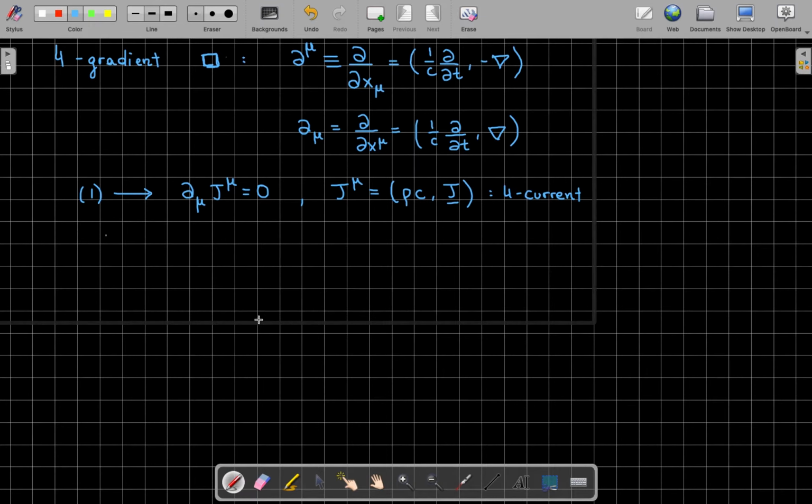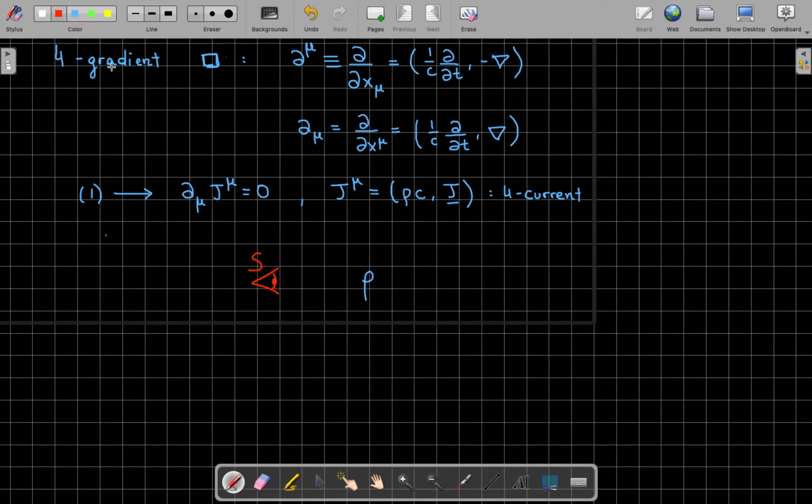One frame I call S. So here I have a frame S, and inside this frame S, I have a finite region with charge density rho.